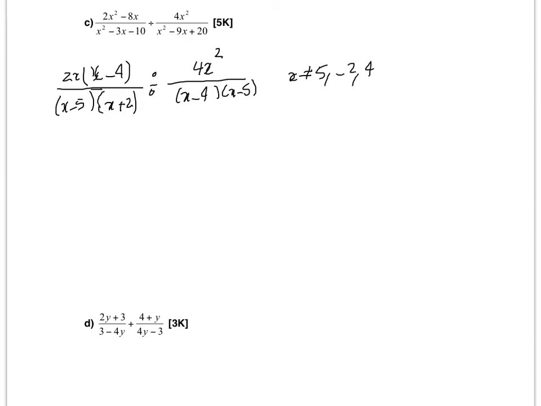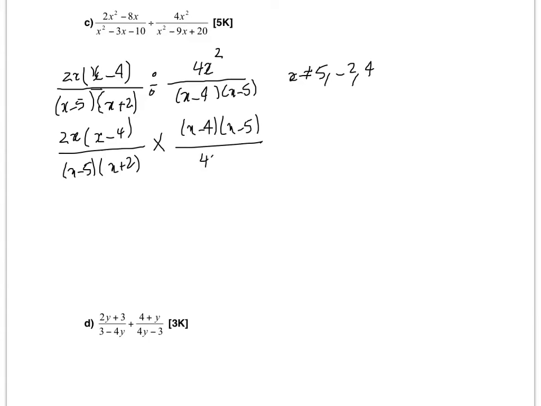Now, since I'm dividing fractions, I can flip the second fraction and multiply. So I'm going to write 2x times x minus 4 over x minus 5 times x plus 2, times x minus 4 times x minus 5 over 4x squared.